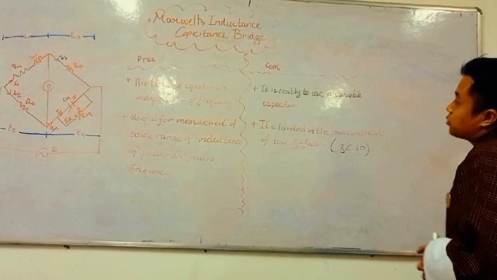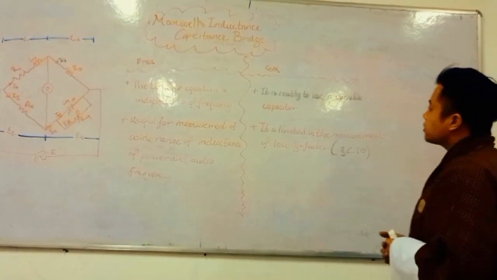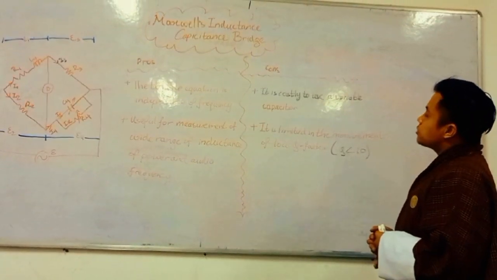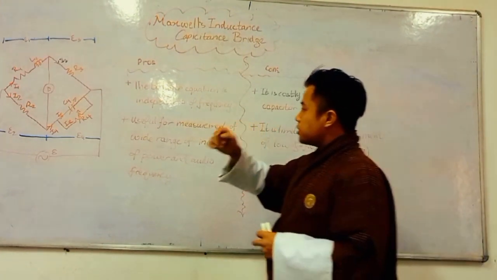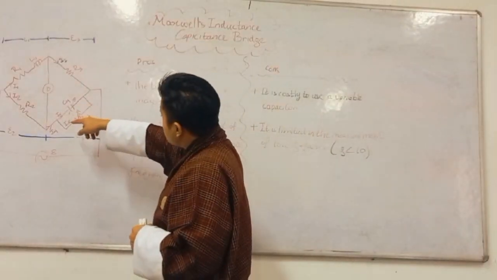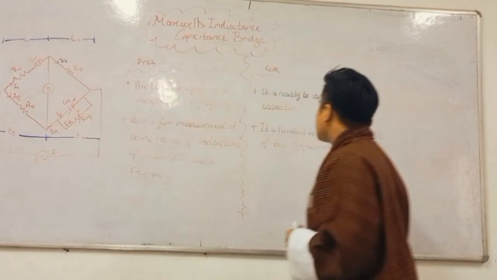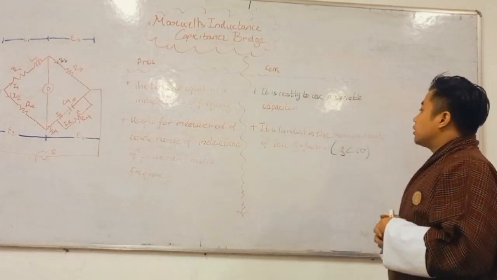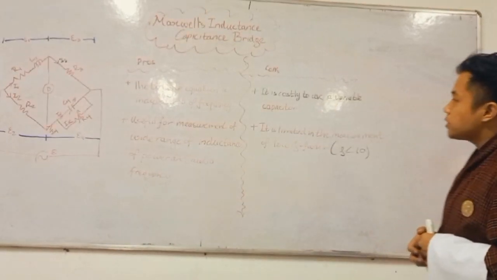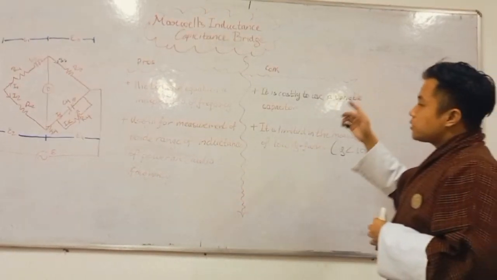Now, to look at some of the disadvantages, first, it is very costly to use a variable capacitor. As you can see, we have a variable capacitor right here. It is very expensive, so sometimes, in order to fix this disadvantage, a fixed capacitor is used instead.